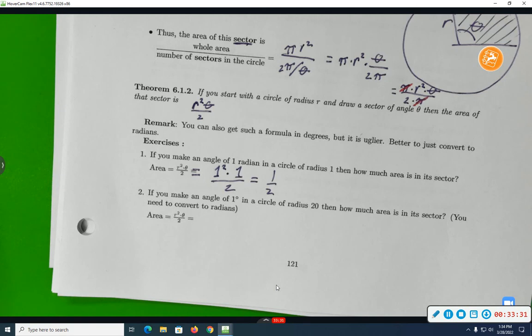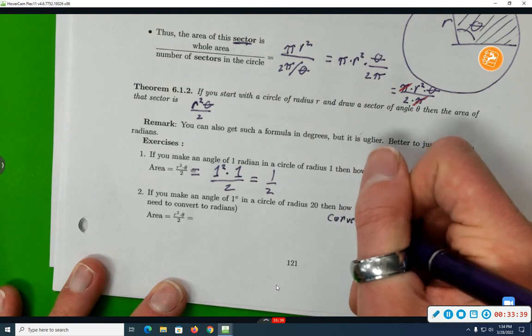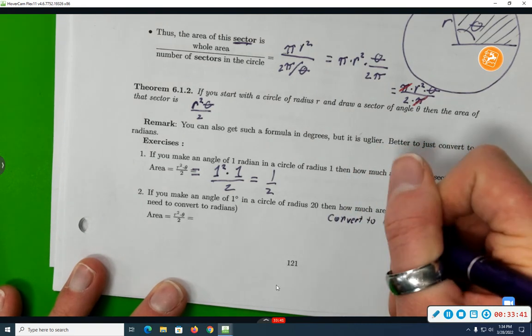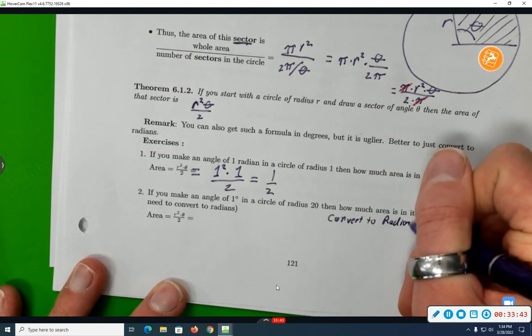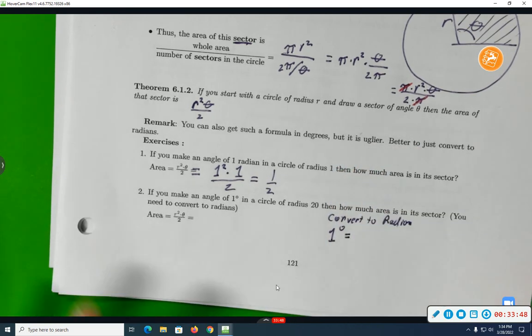Can we figure it out though? Let's start by doing that. So first, let's, right here, convert to radians. So it's there with 1 degree, convert that to radians. How do you convert from degrees to radians?